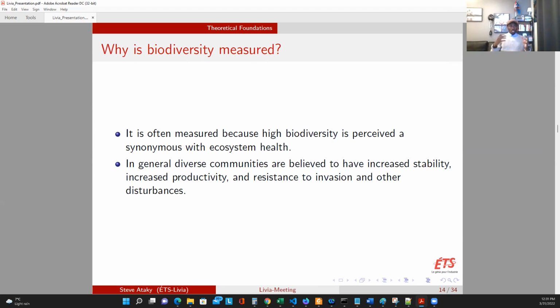Now, only a multidimensional assessment of the biodiversity can provide an insight into the relationship between change in biodiversity, change in ecosystem functioning, and change in ecosystem services.